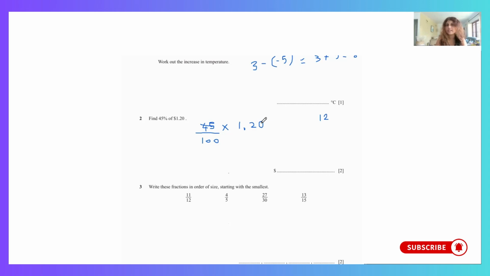When I forget the decimals, I can take this number as 12 and multiply 12 by 45. So 5 times 2 is 10, 0 remainder 1, 5 times 1 is 5, with this one it's 6. Then 4 times 2 is 8, and 4 times 1 is 4.